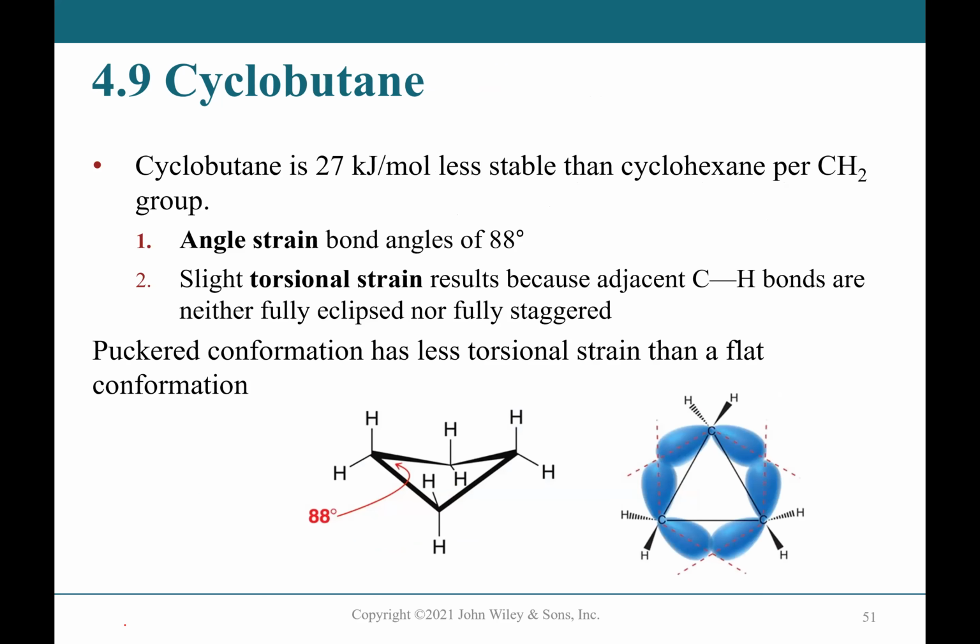Slight torsional strain results because adjacent carbon-hydrogen bonds are neither fully eclipsed nor fully staggered. And you see this is puckered right here. For the six-membered ring, remember I drew the chair conformation. Now, if we drew it as flat and planar, this would be 120 degrees right here, right?